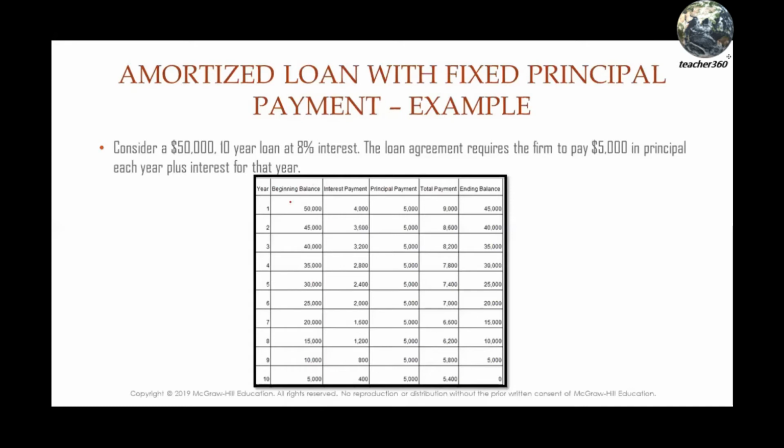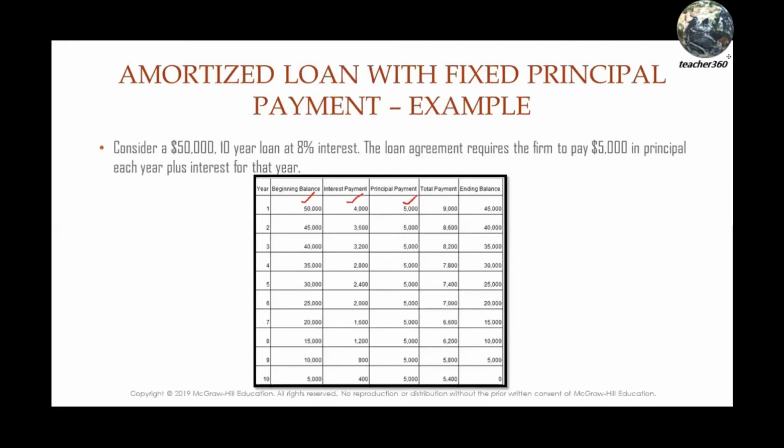So at the beginning of your loan agreement, your loan amount is $50,000. Your interest is 8% on 50,000, which is 4,000. As per your agreement, you're supposed to pay $5,000 in each of the loan periods.